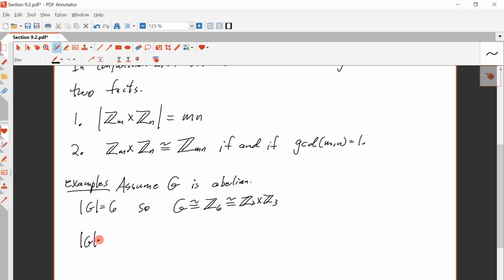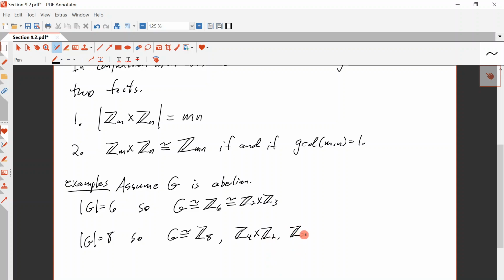What about if the order of G is 8? Well, G is isomorphic to cyclic groups whose orders multiply to 8. Right? Well, there's Z8, of course. There's also, what else? Z4 cross Z2.